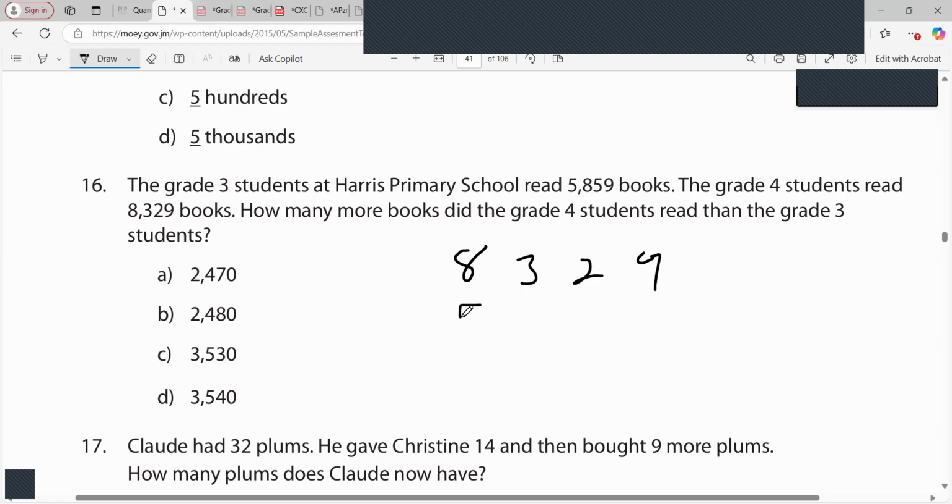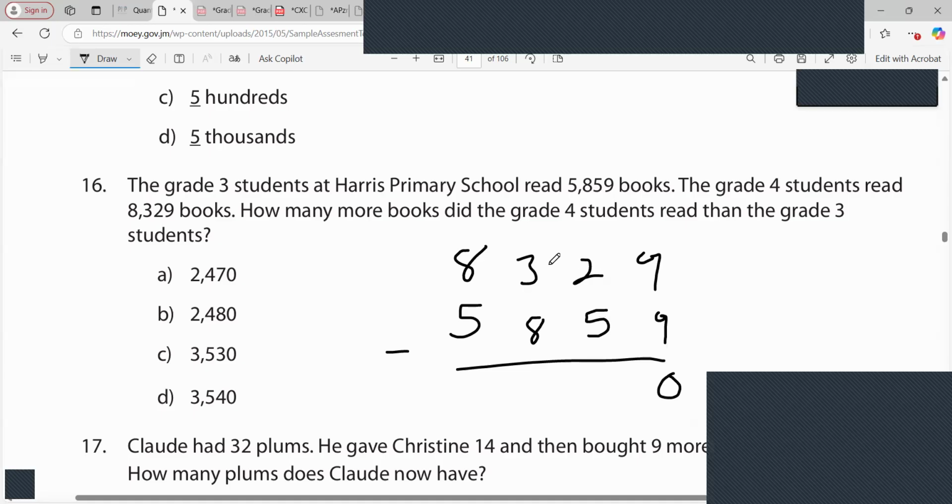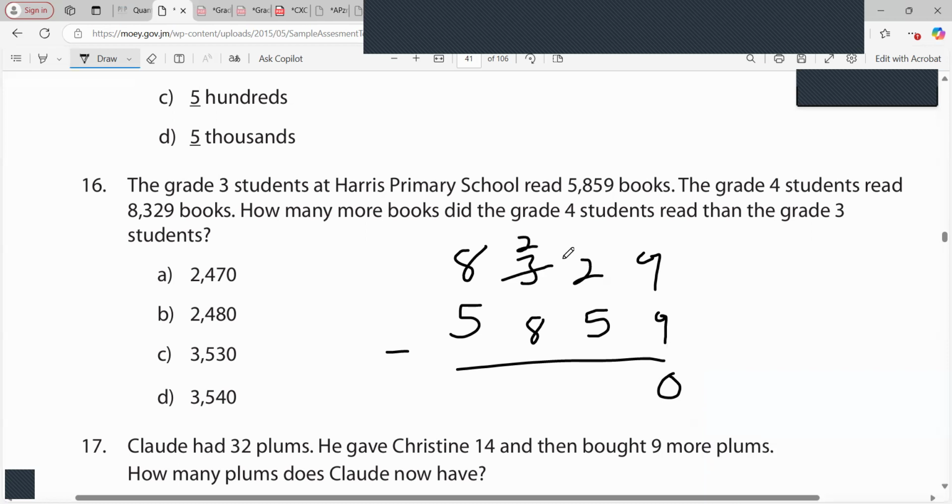So remember, guys, put the thousands on the thousands, hundreds on the hundreds, tens on the tens, and ones on the ones, right? Let's subtract. 9 take away 9 is 0. 5 take away 2, we cannot, right? So we put our 2 here and we borrow.